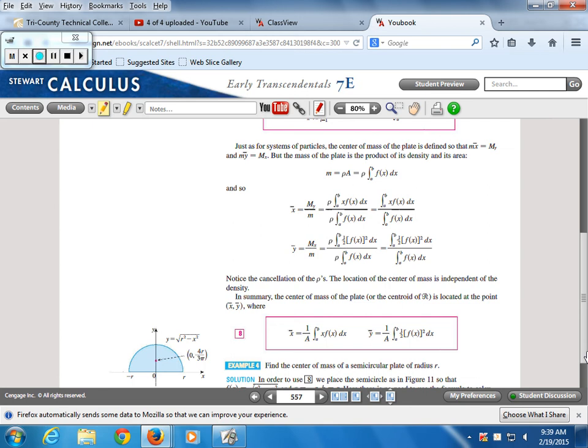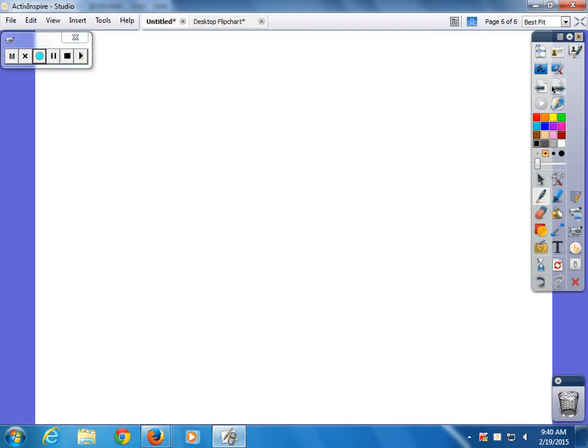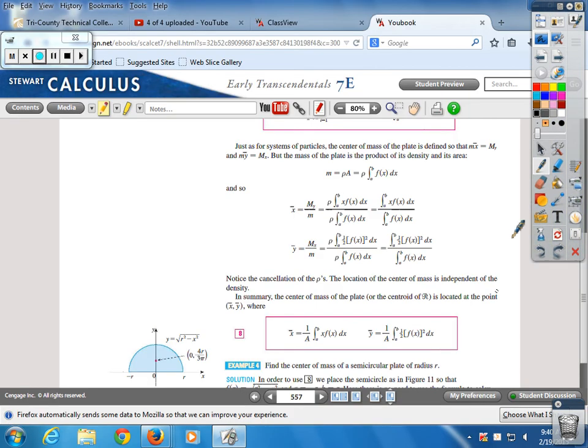In this case, the symmetry is around what? The x-axis, the y-axis. Here's the symmetry. The line of symmetry is right here. Now, if the line of symmetry is right there, then you know that your center of mass is going to fall on this line as far as x goes.